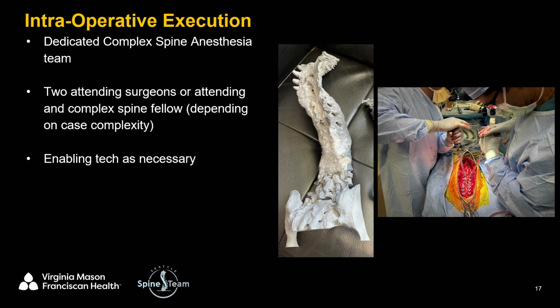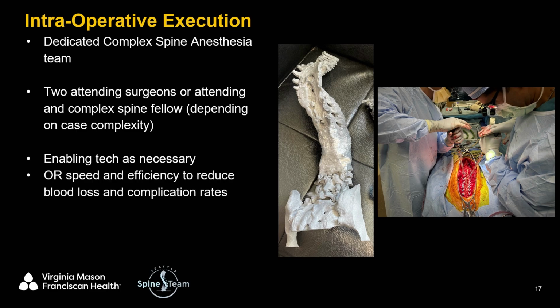Using enabling technology as necessary, in this case, we built a 3-dimensional model of our spine so we could see and understand exactly what that spine would look like ahead of time to pre-plan all our screw trajectories and know where we might anticipate any difficulties. All of these things are done to make sure that we can optimize our OR speed and efficiency to reduce blood loss and complication rates.